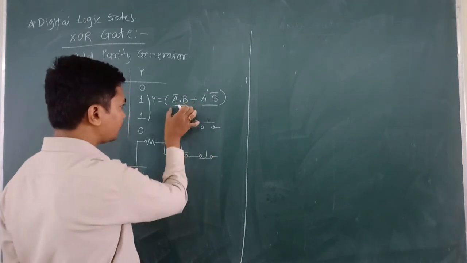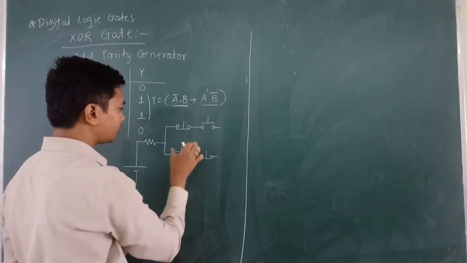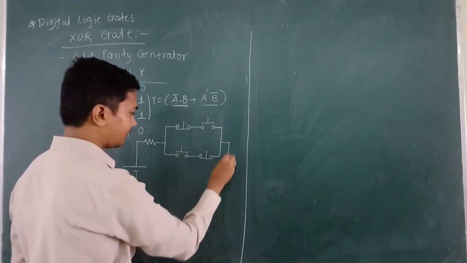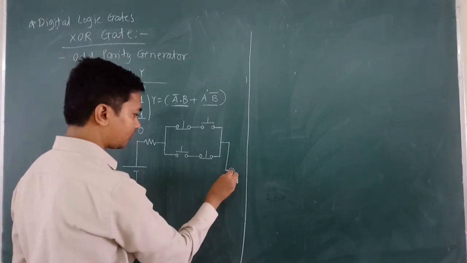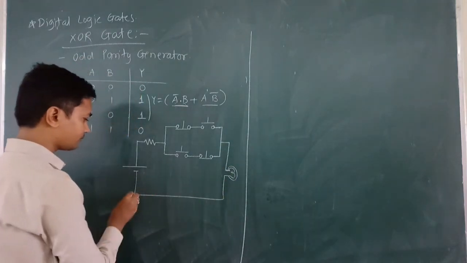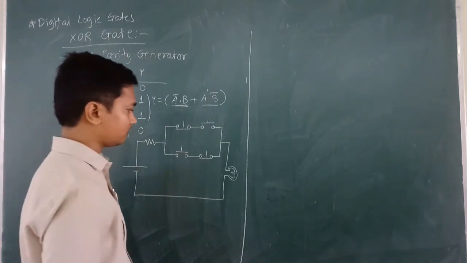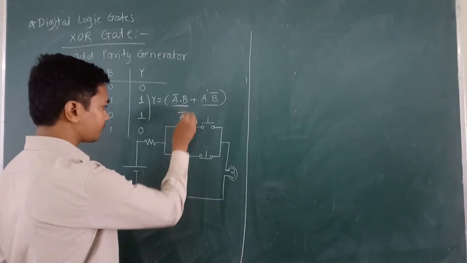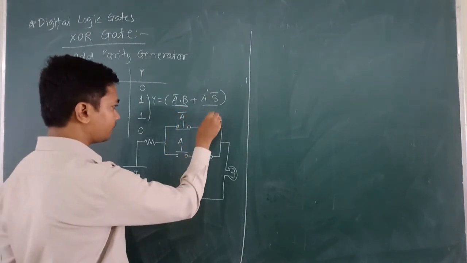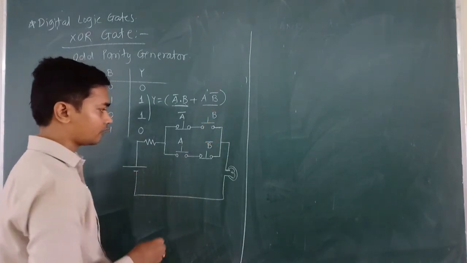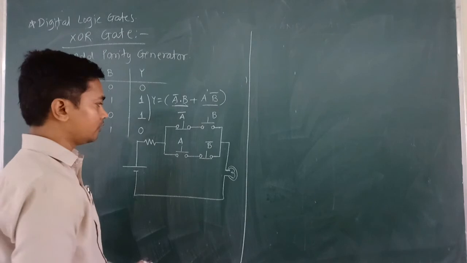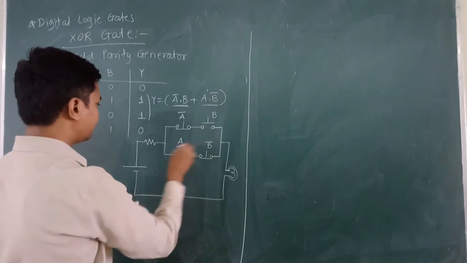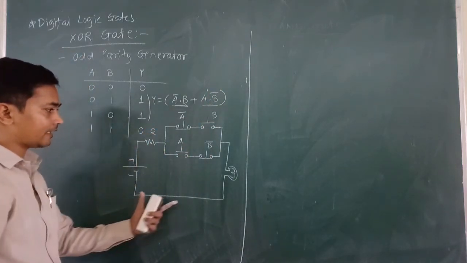These two combinations are ORed with each other, and hence the XOR operation is formed. This is how we can draw the circuit diagram of XOR operation. So here is A bar and here is A, here is B and here is B bar. So Y is equal to A bar dot B plus A dot B bar. This is the XOR operation.